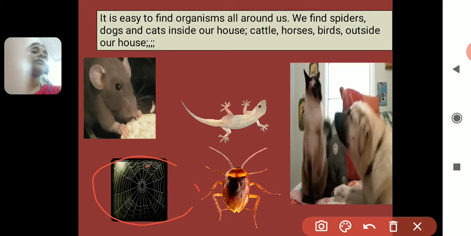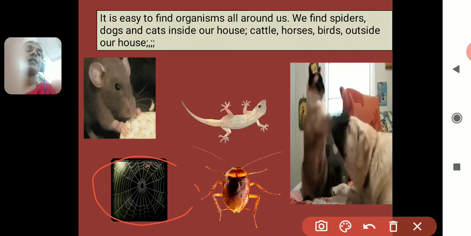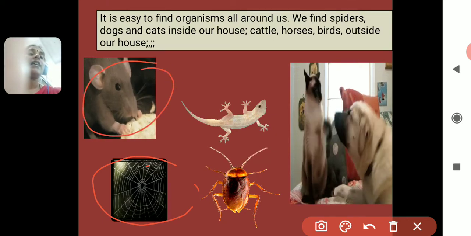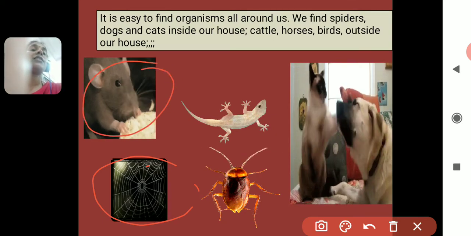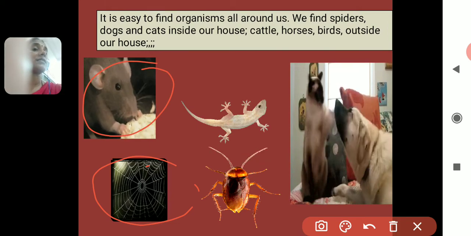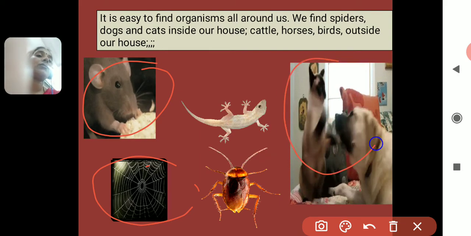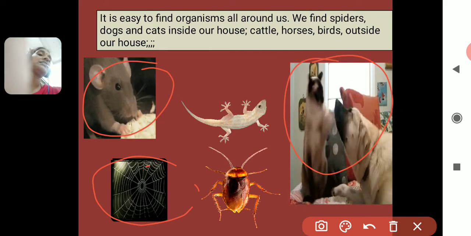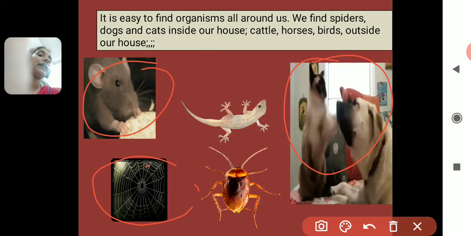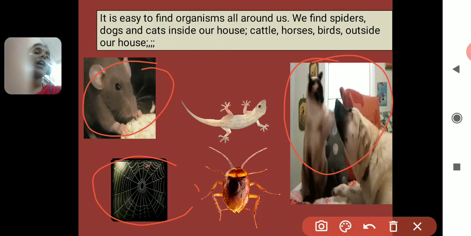If we talk about cockroach and rat, in previous class you have learned about the unwanted guests. They live along with us inside our houses. Here in this picture, can you identify these animals? Dog and cat. They also live sometimes inside our houses.